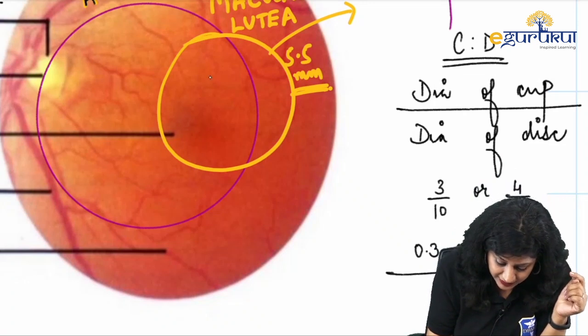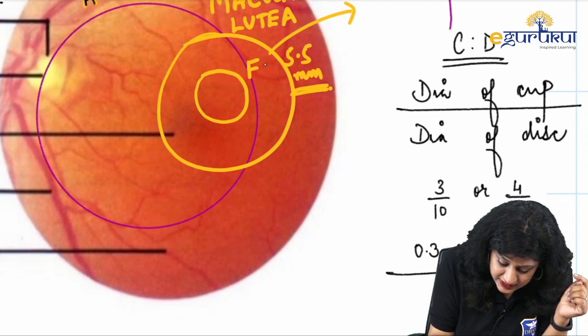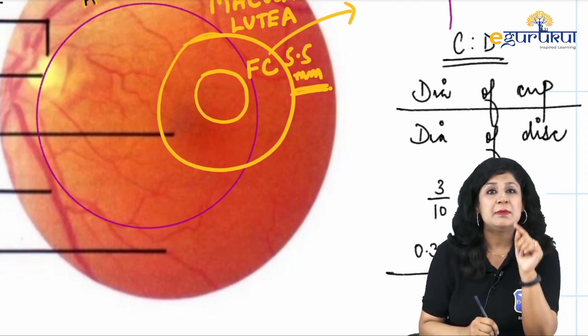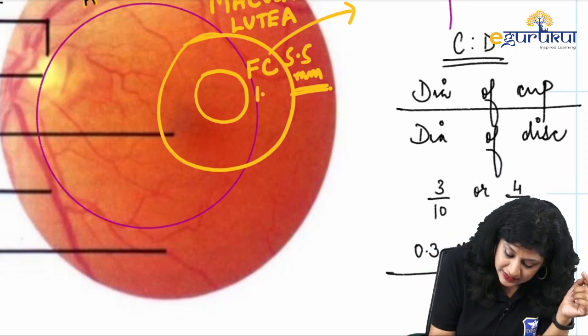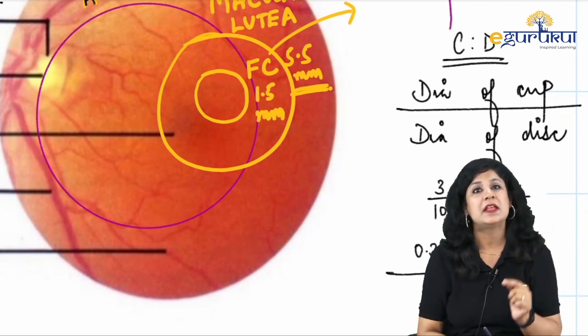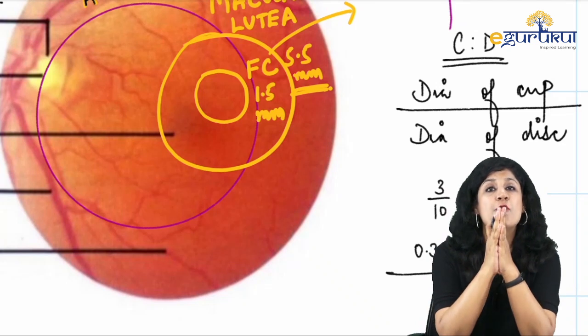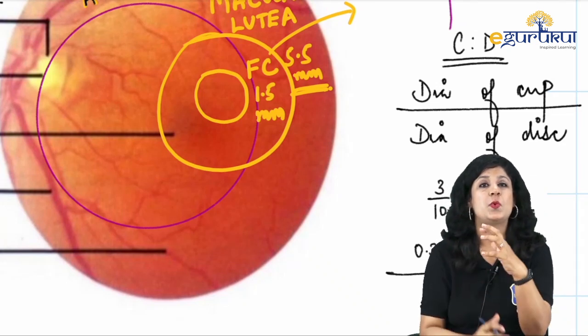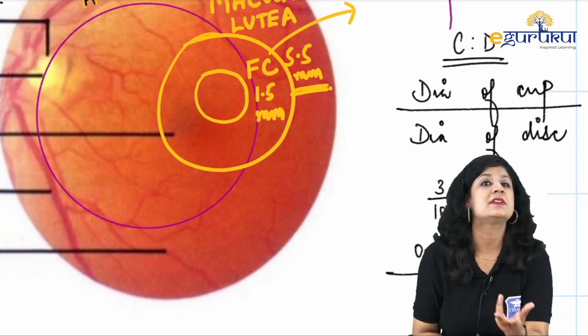You have got another area which is called as the fovea centralis, and the diameter of this fovea centralis is again 1.5 mm, which is same as that of the optic disc. Now, it is this fovea centralis which is giving you the sharpest image of the object.